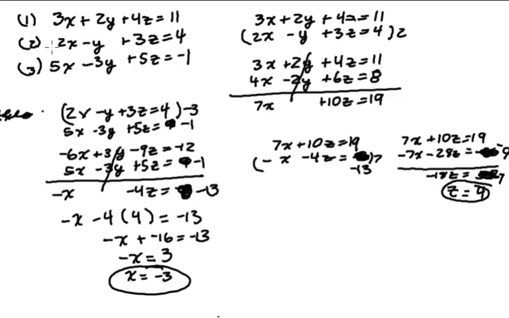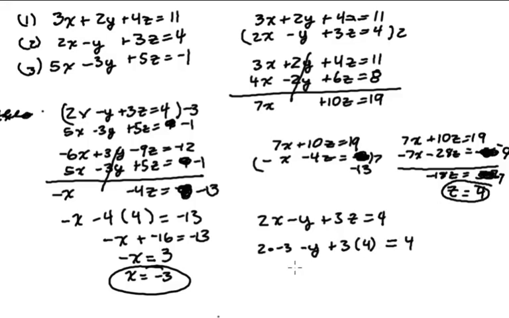I think I'll choose this one just because it looks easiest. So 2x minus y plus 3z equals 4 is my second equation. I'll plug in negative 3 for x. So 2 times negative 3 minus y plus 3 times 4 equals 4.